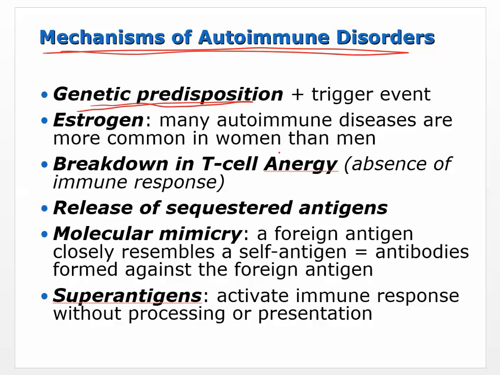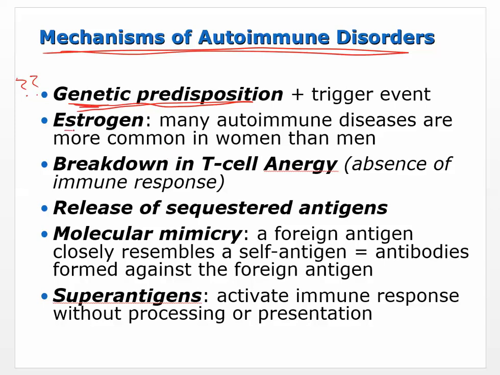It could be that there was a virus that one was exposed to. It could be that there was an injury where some kind of antigen that was supposed to be sequestered suddenly showed up, and that could have triggered it. So it's really not known. All we know is that there is a genetic element to it.